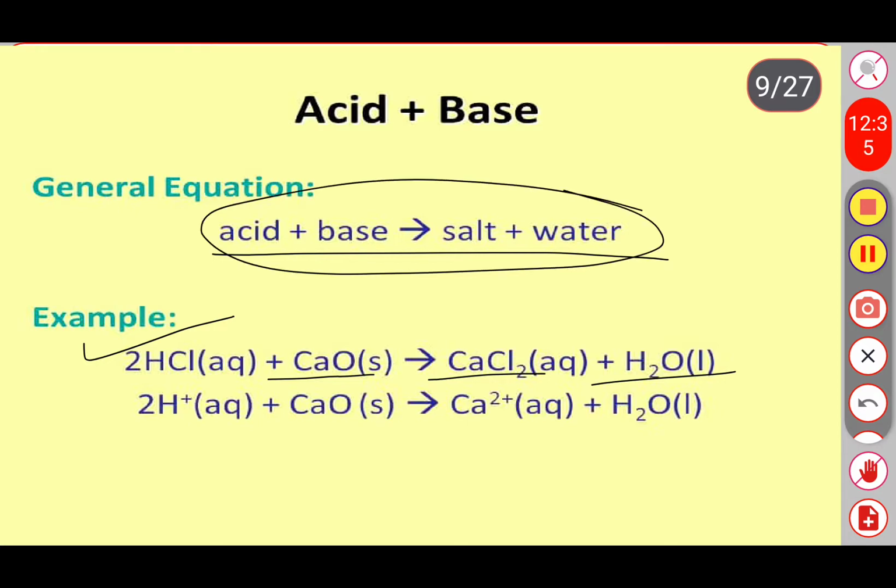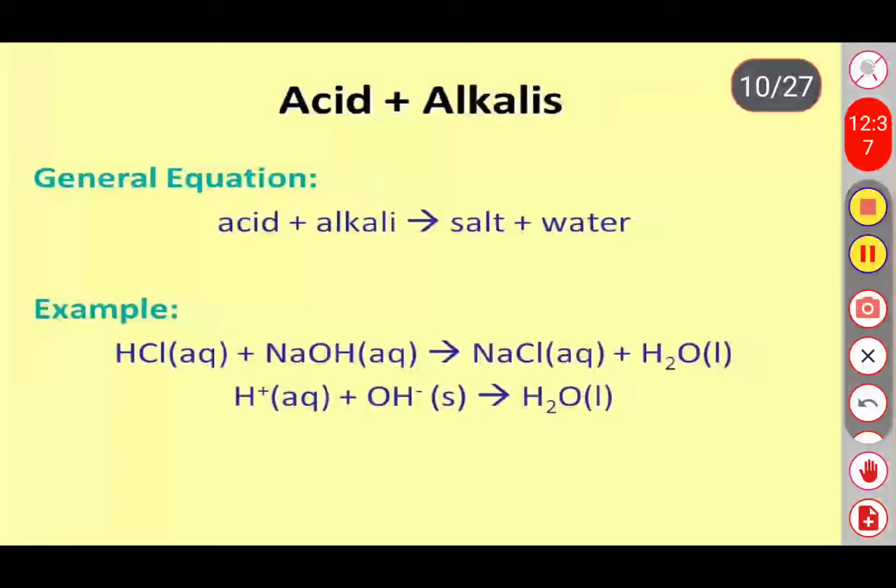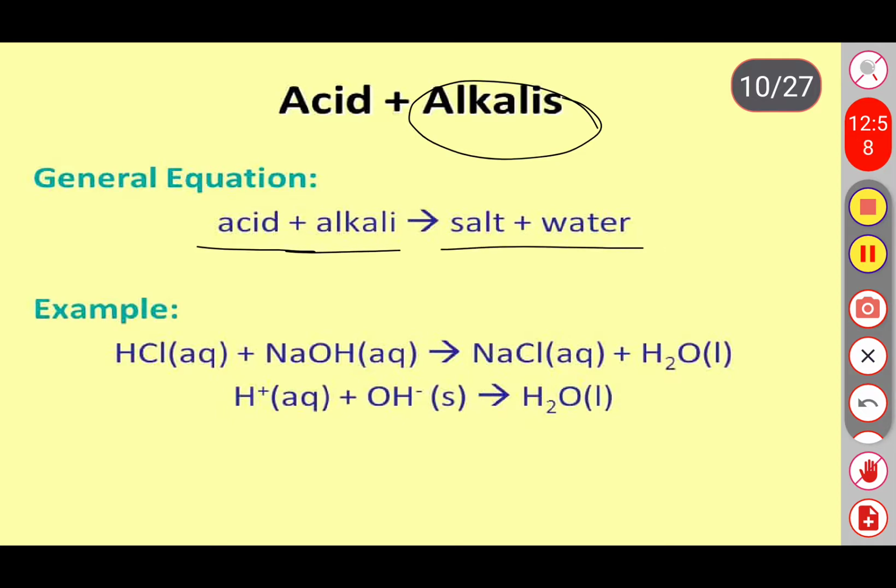Next one, alkalis. When acids and alkalis are combined, what are alkalis? We already learnt in the previous classes. Alkalis are basic substances which are completely soluble in water. So the general form of the reaction is when acid is combined with alkalis, it forms a salt and water.